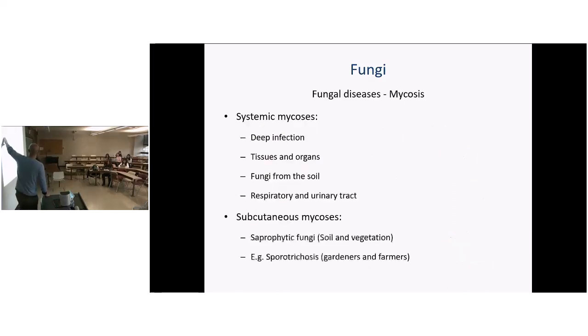Starts with systemic mycosis. Most of the diseases from fungi, we call mycosis, okay? And systemic ones have to be deep infections in organs especially. Most of the time, when I'm talking about deep infection, I'm not talking about respiratory, urinary.